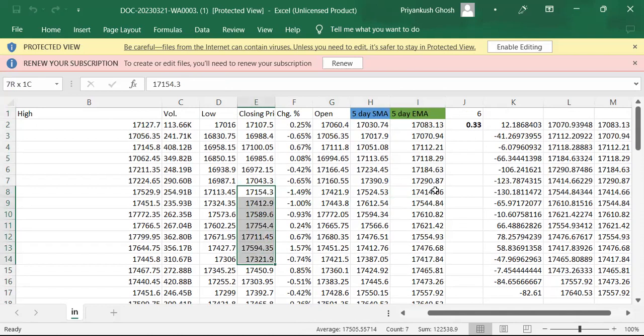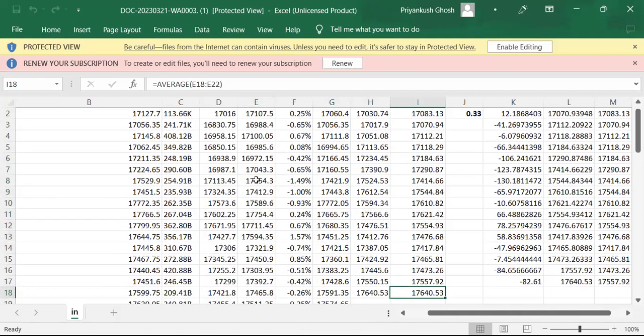What I'm trying to show you is this is E8, E9, E10, E12, E13.